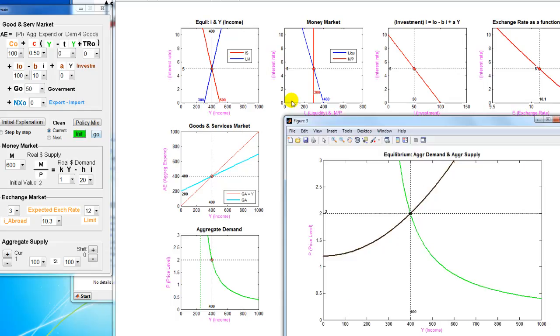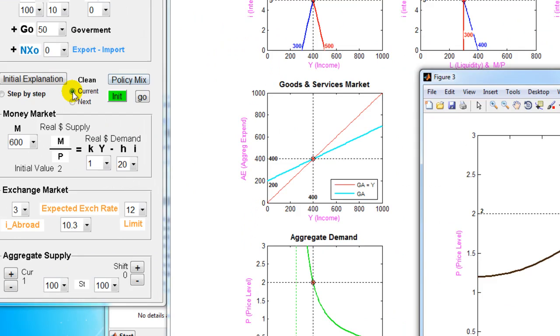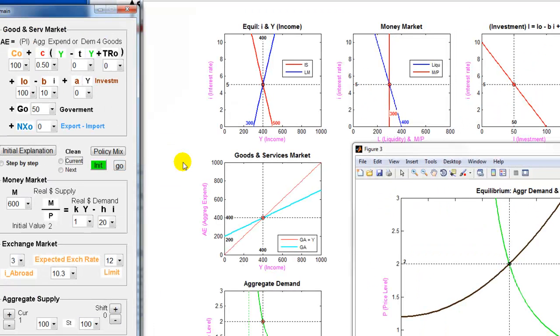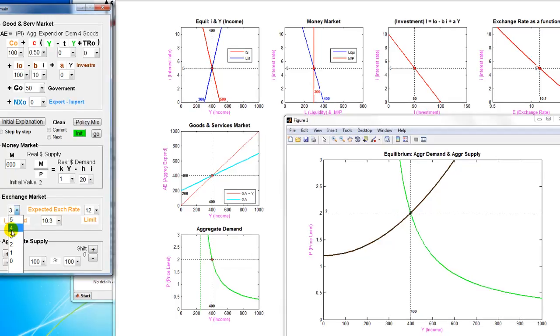We have this 10.1, and we are not going to clean the current figure, so we can compare, and the interest abroad, in this case in the United States, goes from 3% to 4%.